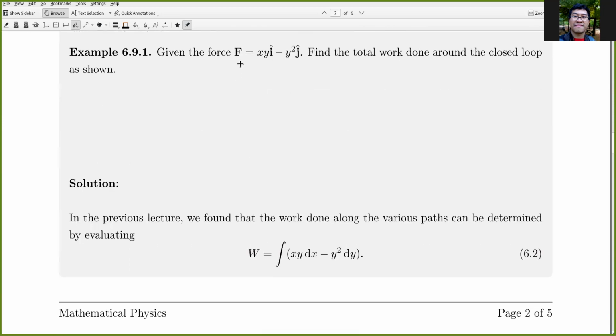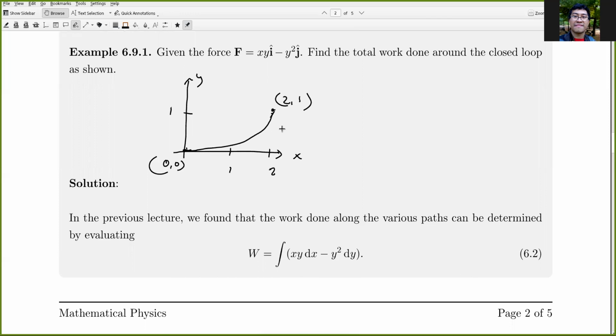Example: given the force F equals this, find the total work done on the closed loop shown. So the closed loop is, this is the x, y axis. Suppose this is 1, 2. So this is 0, 0. It starts from 0, 0, going to 2, 1 along this path, which is a parabola.